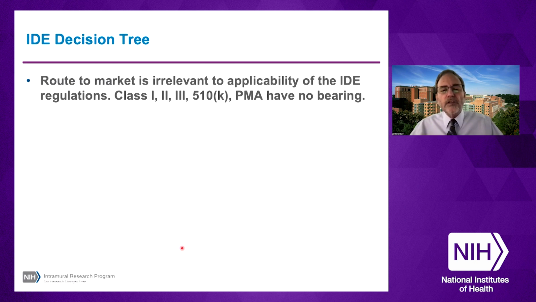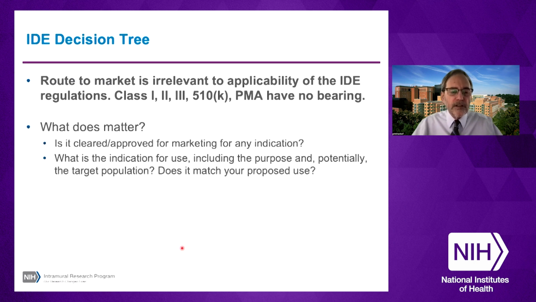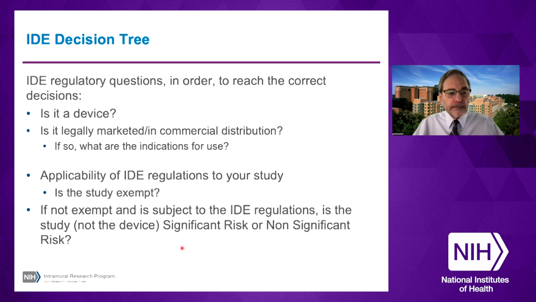The IDE regulations are applied and interpreted independent of the route to market and whether it's class 1, 2, or 3. That risk determination has nothing to do with the IDE regulations. What does matter in considering how to apply the regulations is whether a device is cleared or approved for marketing for any indication. And if it is, what is its indication for use, including the purpose and potentially the target population? And does it match your proposed use?